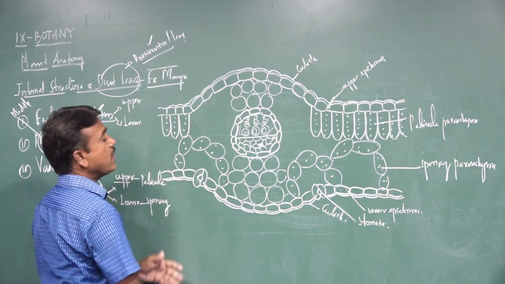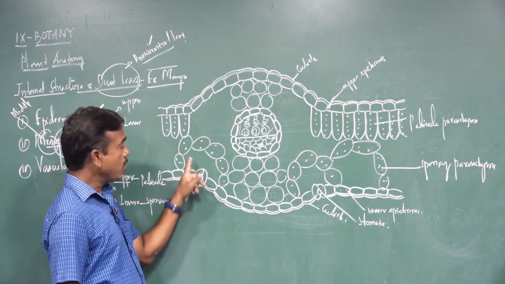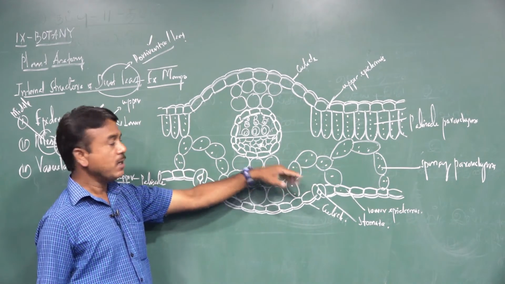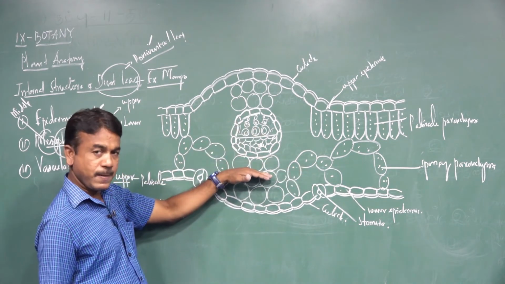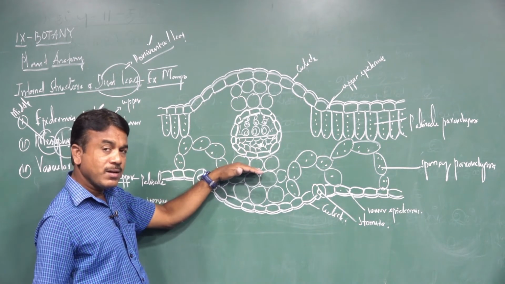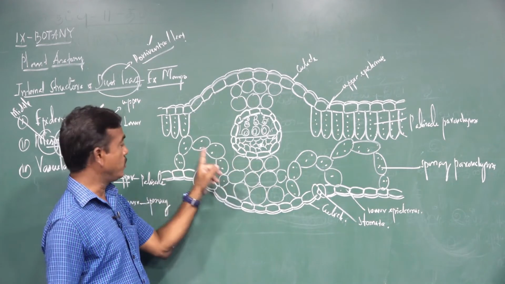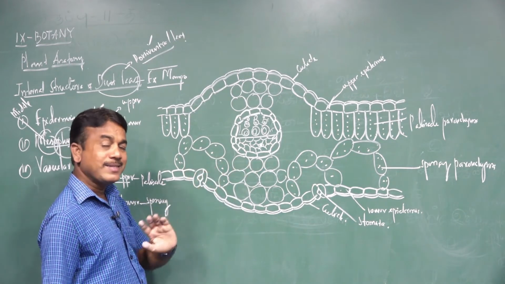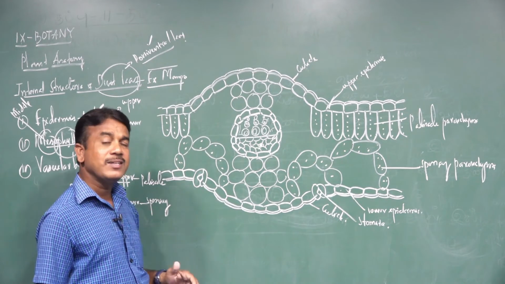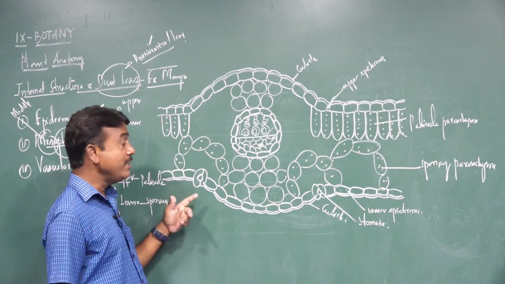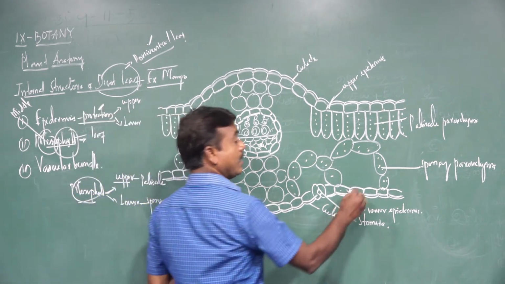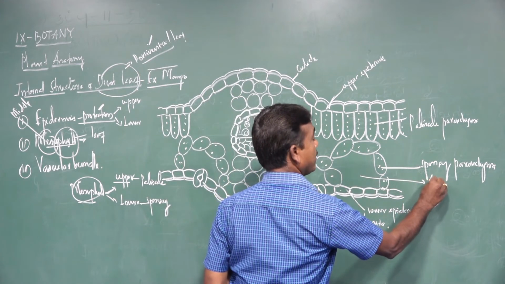How do you differentiate spongy parenchyma? Spongy parenchyma cells occur near the lower epidermis. The cells are circular, oval or irregular in shape. The cells are not compactly arranged. They are arranged with a lot of intercellular space, commonly called air space.